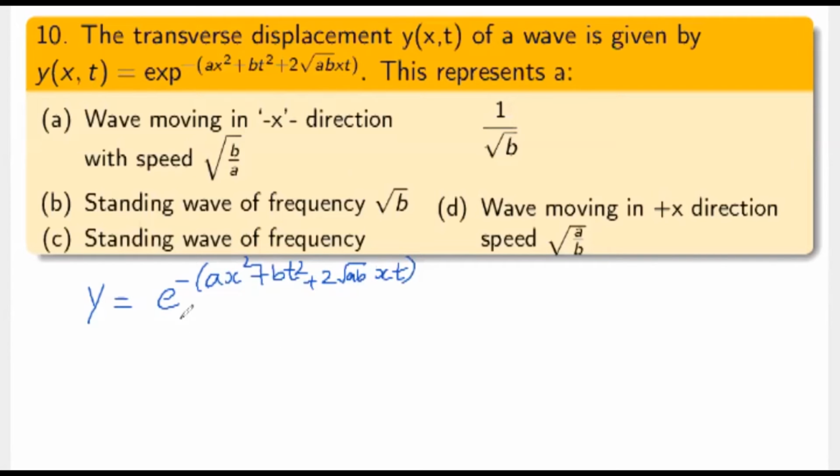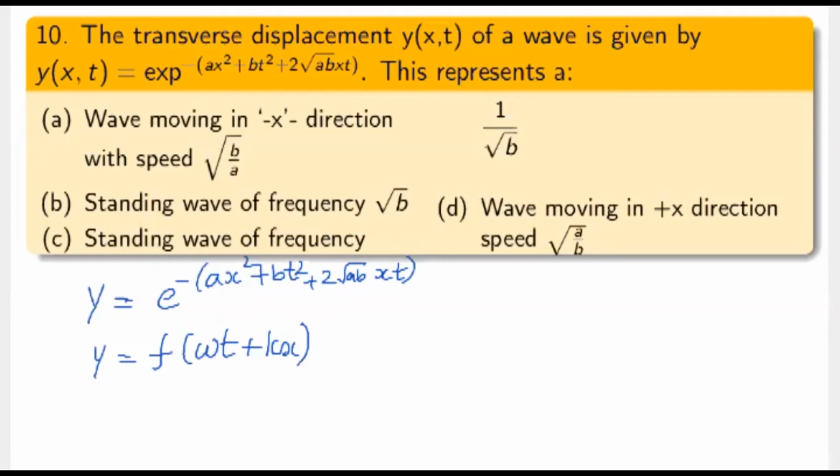This represents... To get a clear idea about this, a wave must be in the form of omega t plus or minus kx. So any wave must be a function of omega t plus or minus kx. So let's try to write the given equation in this form.